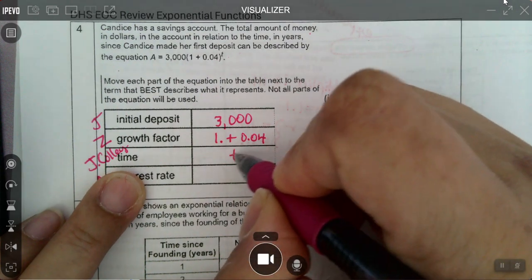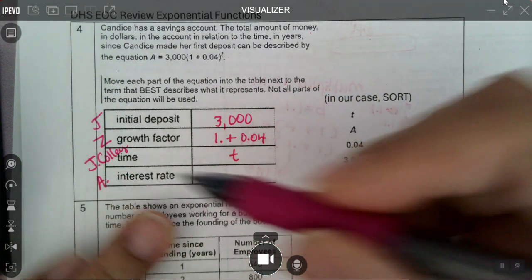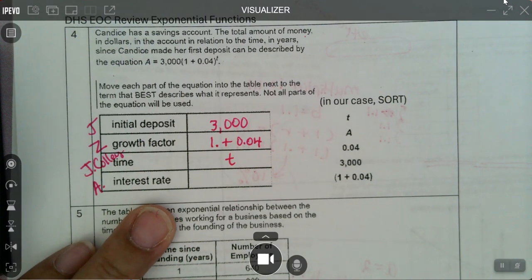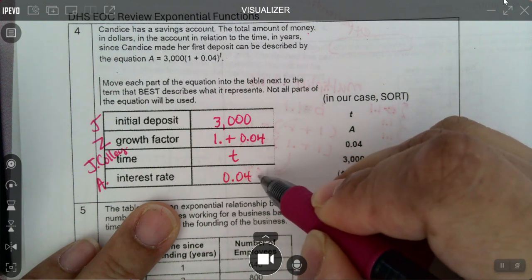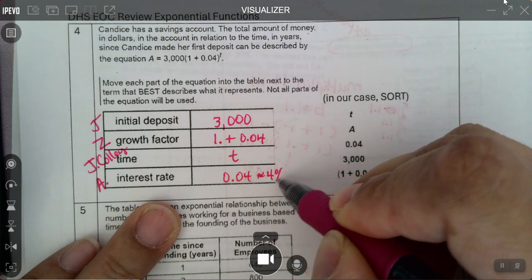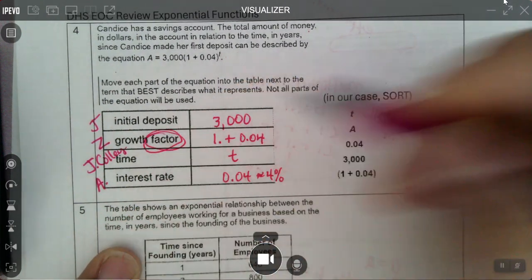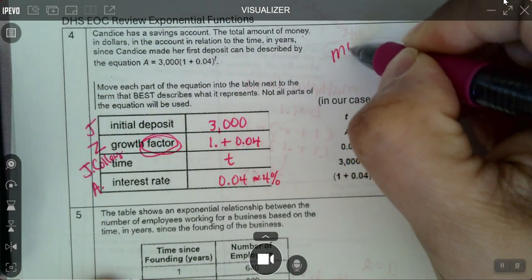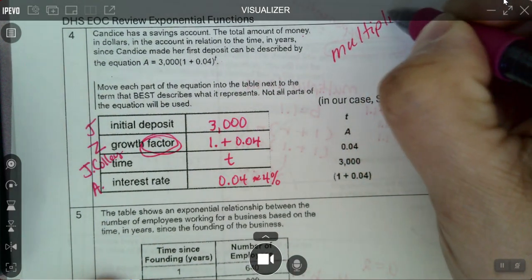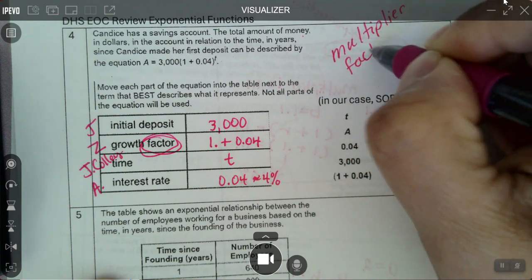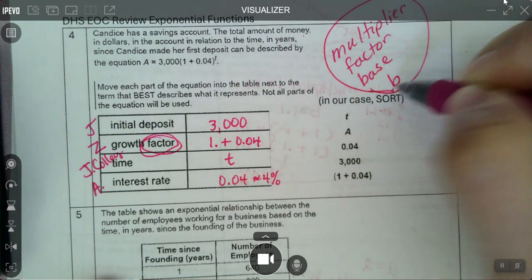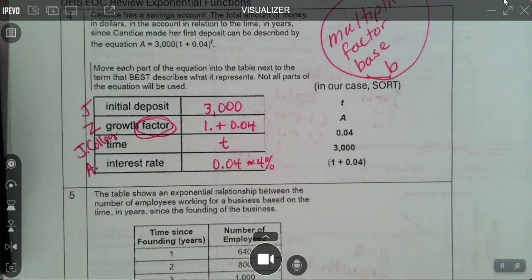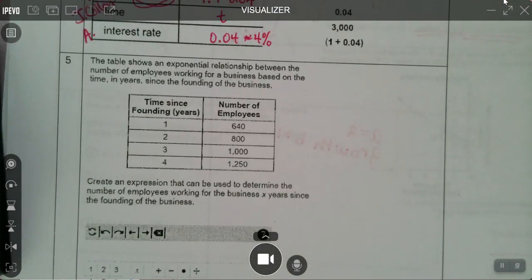T. And which one, who was A? Anushka, what's the interest rate? The interest rate is this one because this is 4%. Factor. B. Multiplier. Factor. Base. B. Are we clear? This is right.